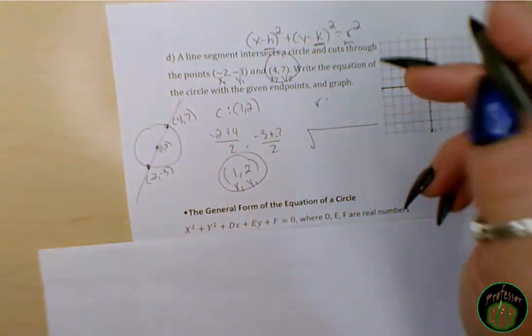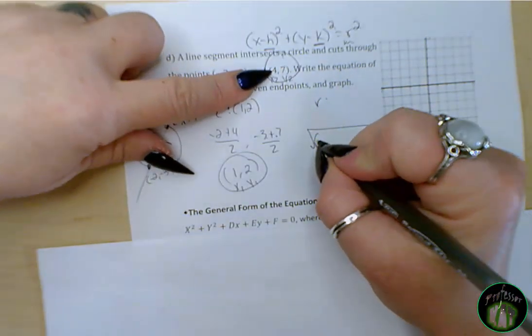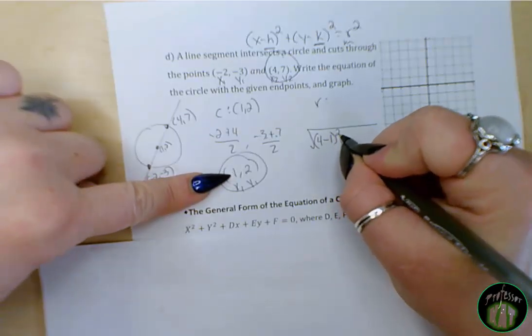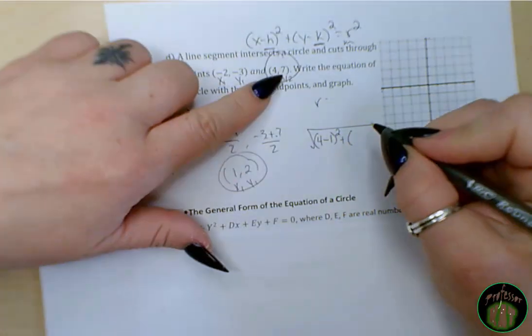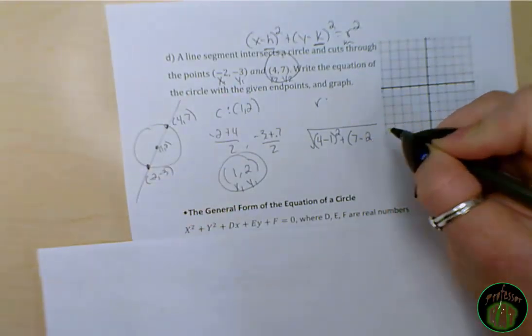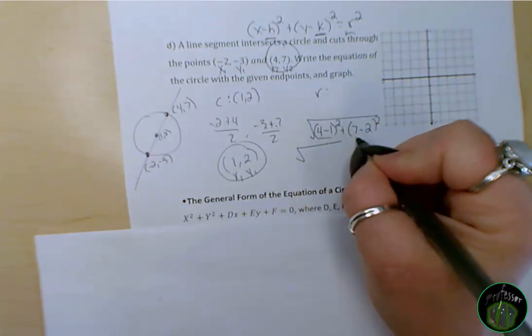So that's going to look like the square root of, open your parentheses, x2, which is 4, minus x1, which is 1, squared, plus y2, which is 7, minus y1, which is 2, and square that.